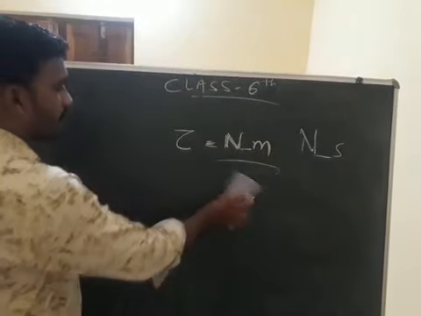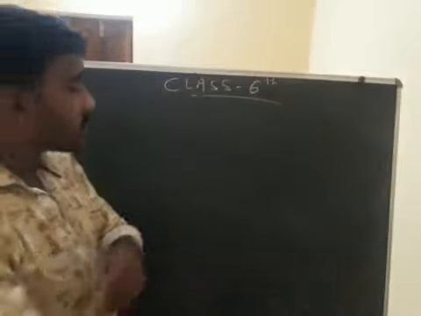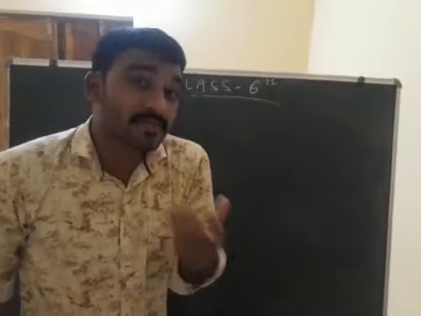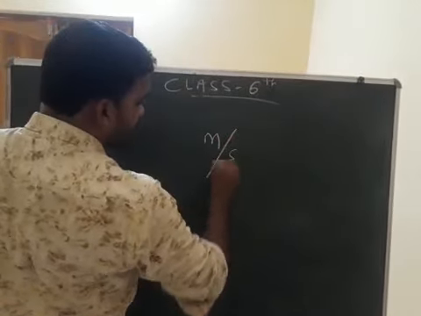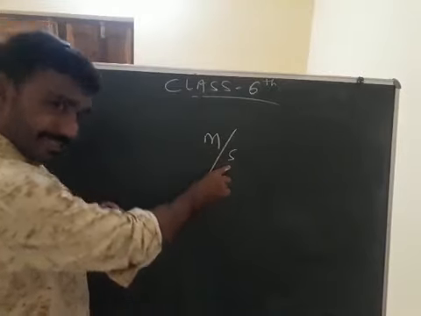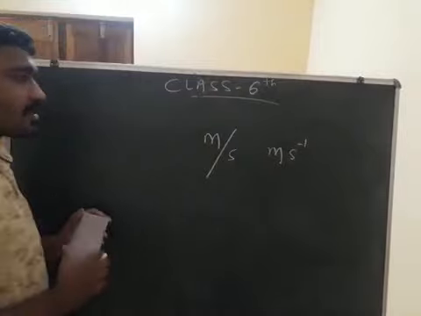Clear? Another one: what is the SI unit of speed? Meter per second, meter by second. Meter by second you can write, or meter second inverse you can also write.